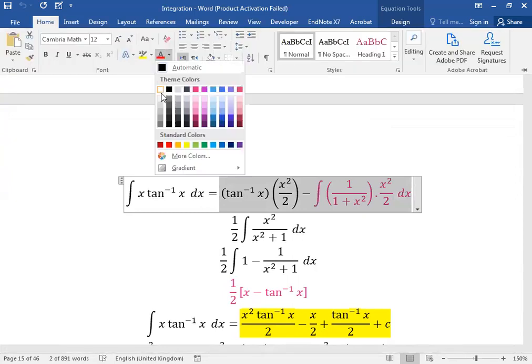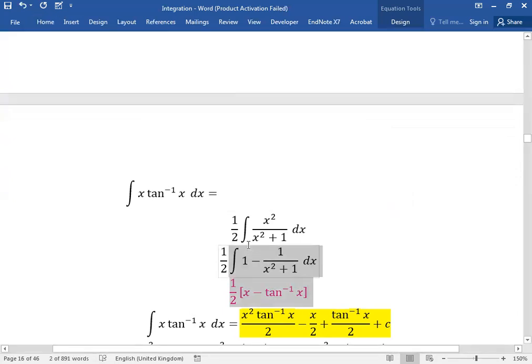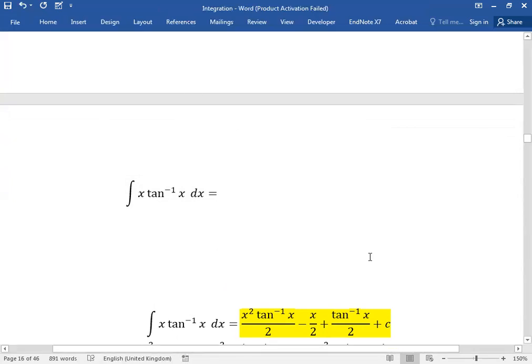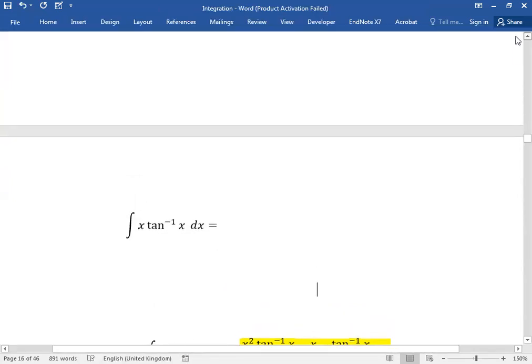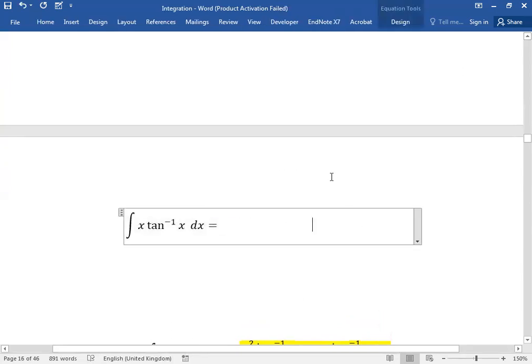I would want you people to try it on your own. x tan inverse of x, because tan inverse is relatively new to your syllabus, not new anymore. For the past 3 years, it has been included in your syllabus. What will be u? Tan inverse of x is u.